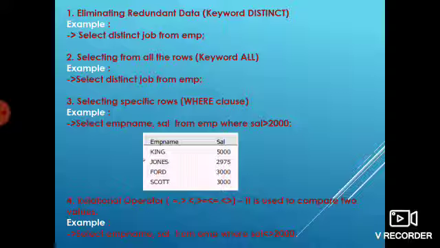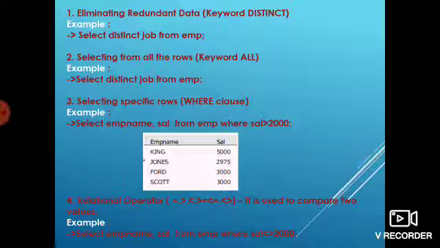Example is showing here, select distinct job from employee. That means the job is a field where the name is repeated. So if you are using distinct, it will show you the name of the job along with the null value. If you are using 4 or 5 null values in that field, it will come as only 1.